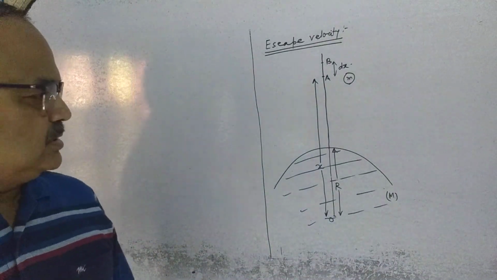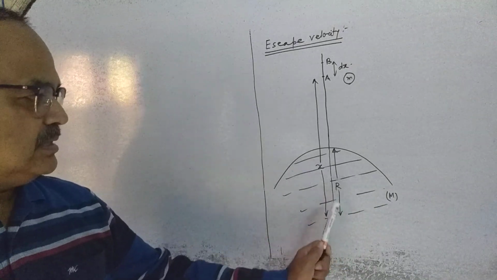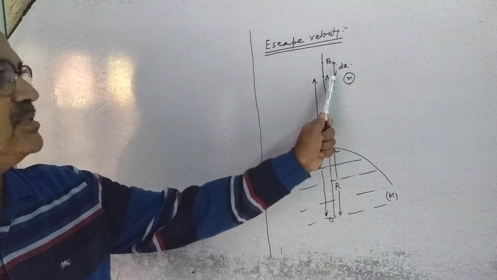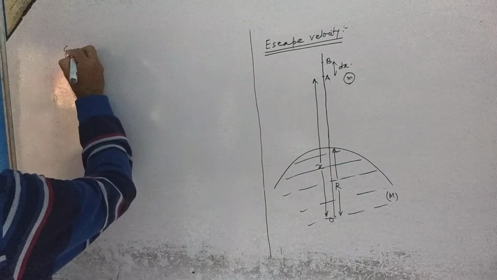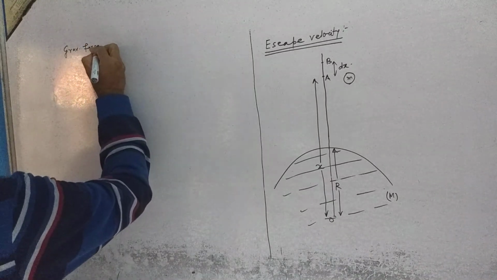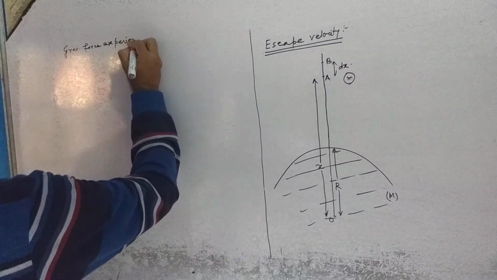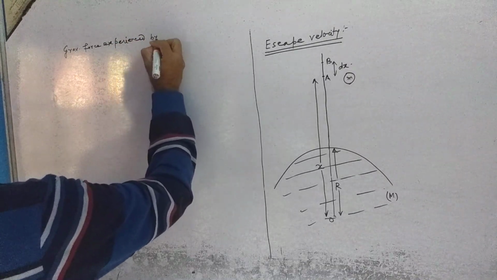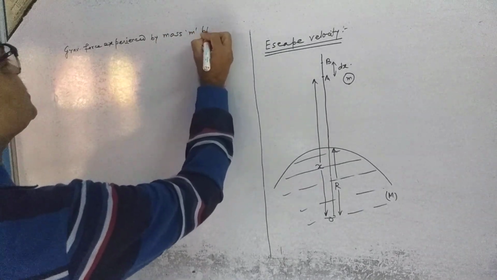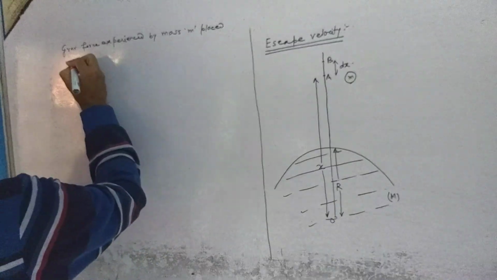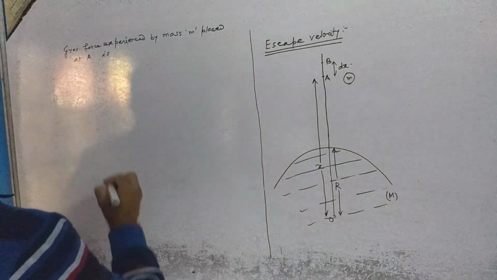Now, as I mentioned, this is the planet of mass capital M, radius capital R. It is the center, and here is a point A. So I write here: the gravitational force experienced by mass m placed at A is how much?